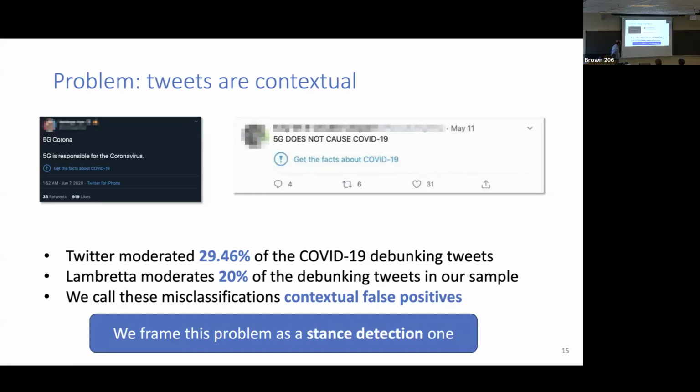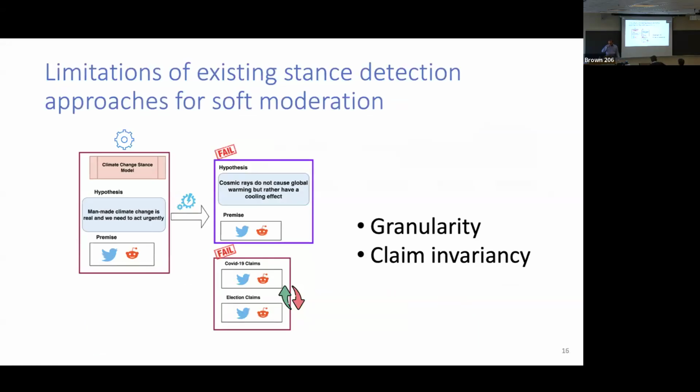We frame this problem as a stance detection one. We have positive stance towards a claim and negative stance towards a claim. We evaluated many stance detection models. That is a popular topic in natural language processing, and has been studied for a while. But we found that they fall short for this purpose.